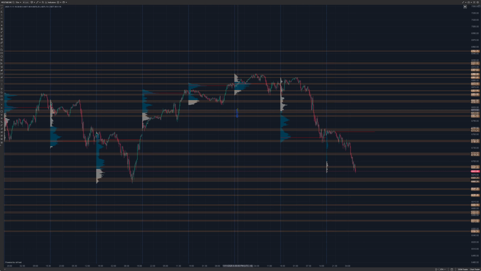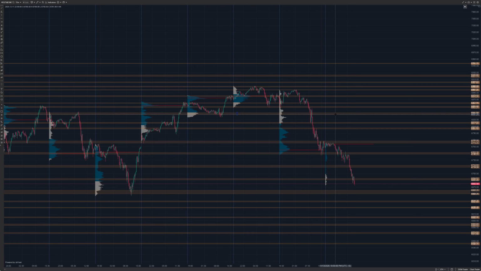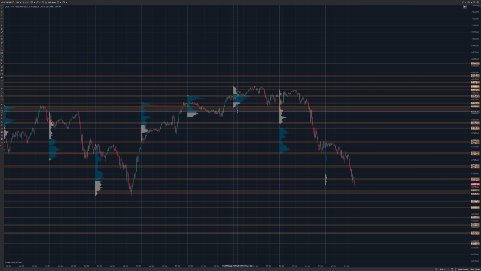Here I would rather do here and this one here. It's not much of interest. No. But that one here is definitely of interest. That could be the next resistance level.